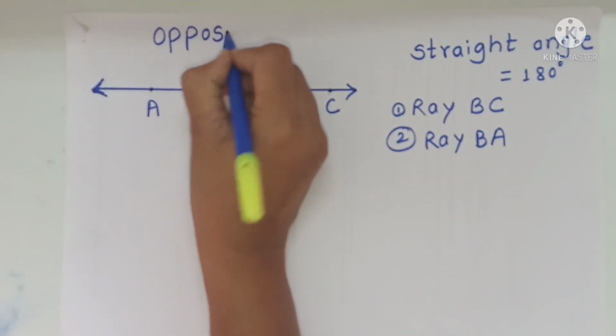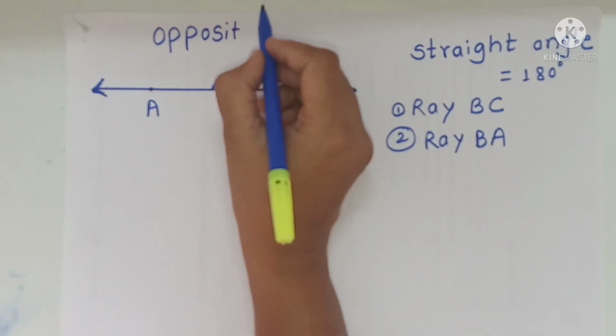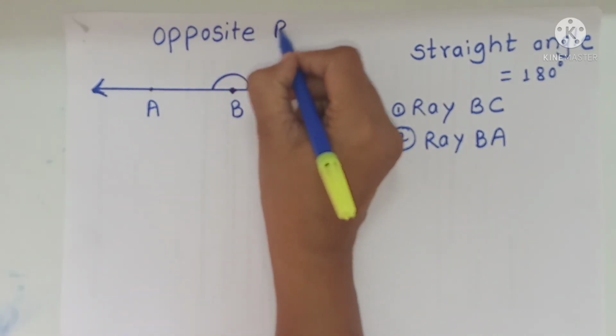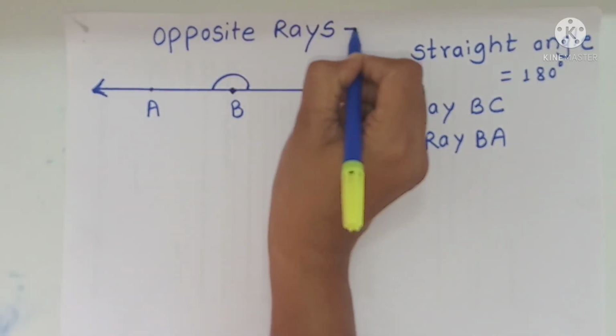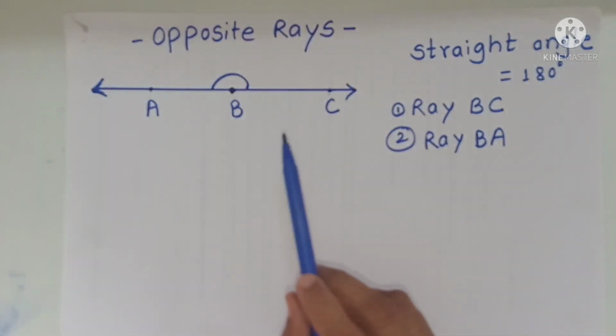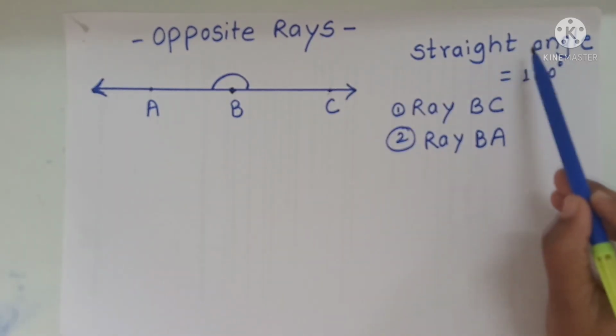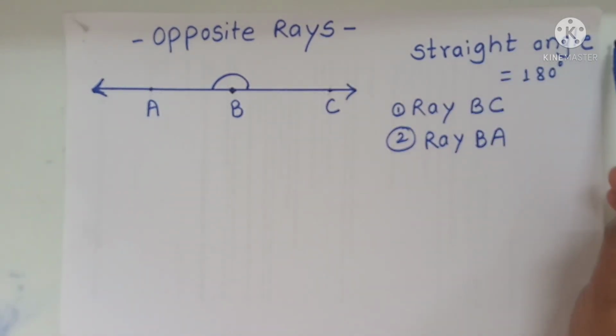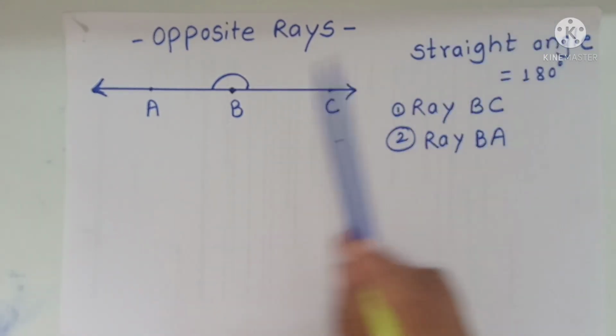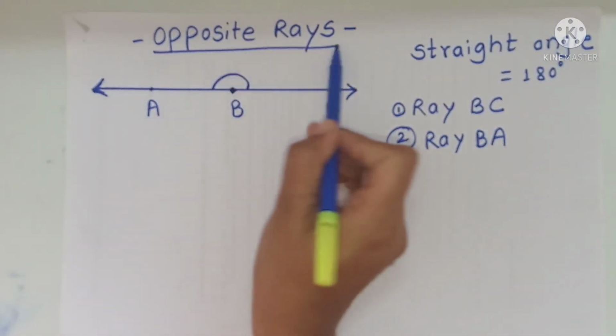When two rays meet to form a straight line and straight angle having common origin, we can say that these two rays are opposite rays.